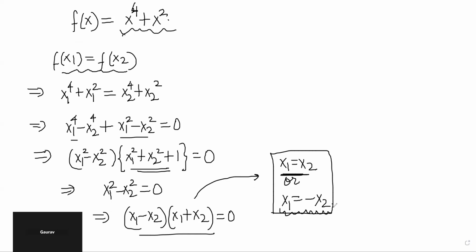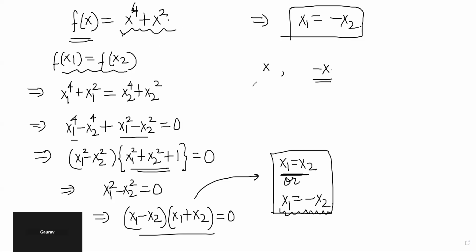So it is possible that you can have x1 is equal to minus x2, where f of x1 will be same as f of x2, right? Anytime you take an element x, you can also say another element minus x will give the same output, right? Yes, sir. So therefore, this is going to be a many-one function because it doesn't satisfy the one-one condition.